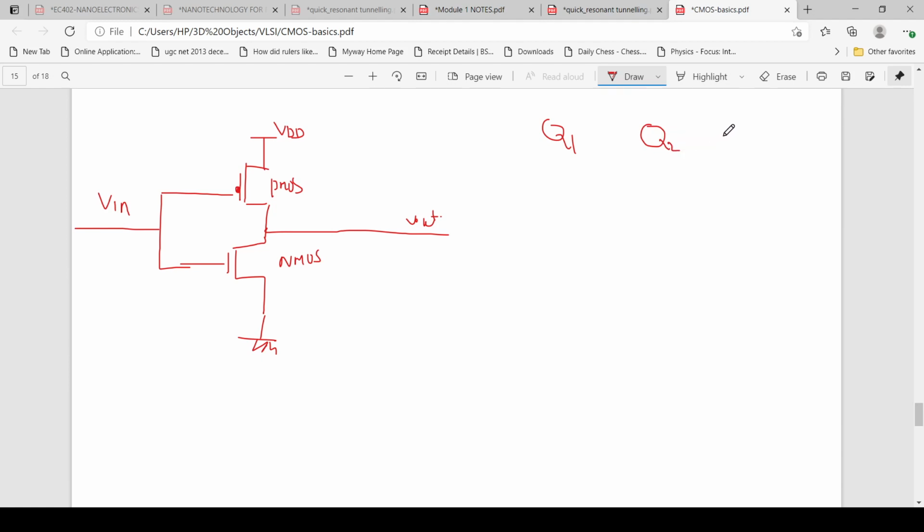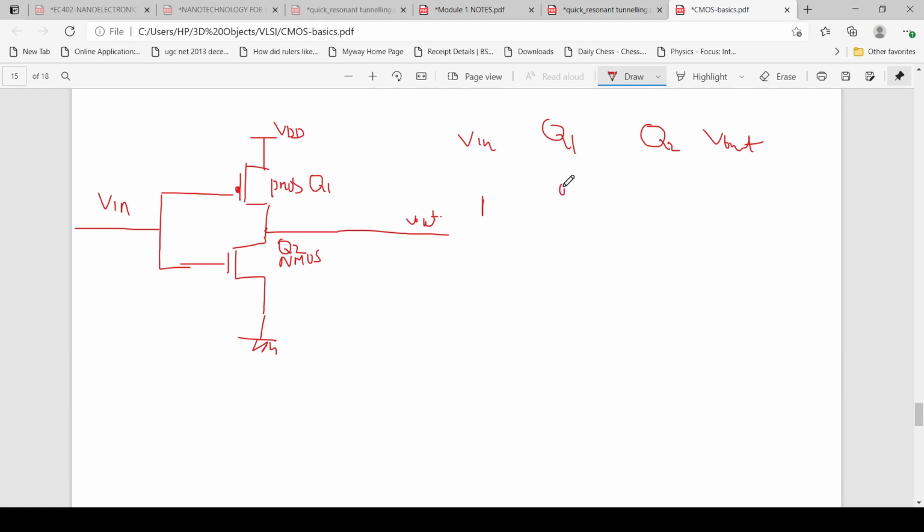Now the working. The PMOS is transistor Q1, the NMOS is Q2, and the state is whether it is on or off. If the input Vin is 1, or logic high, or positive potential, Q1 will be off, because we have to give a negative potential to make it on.